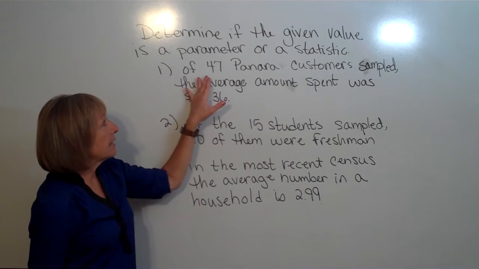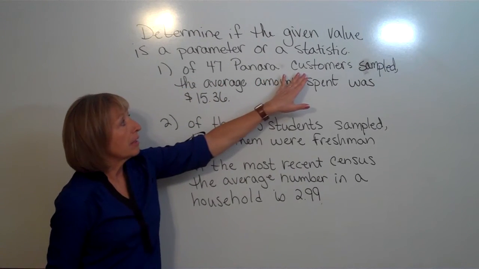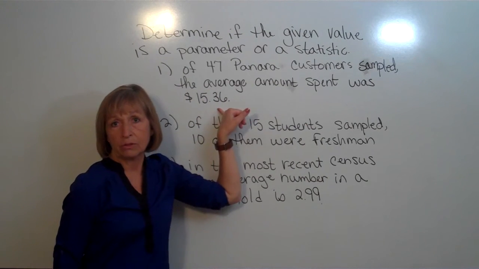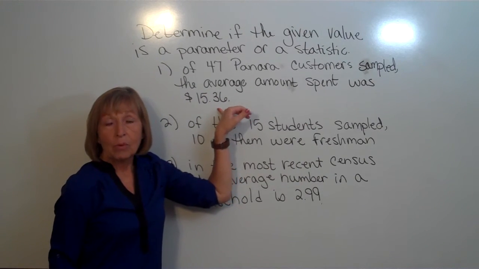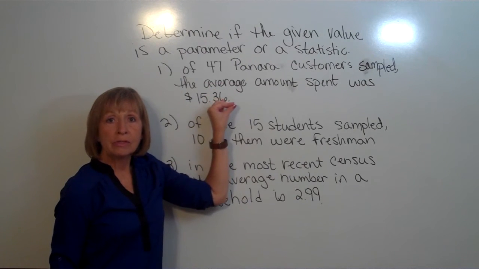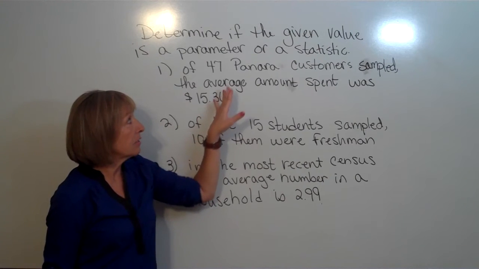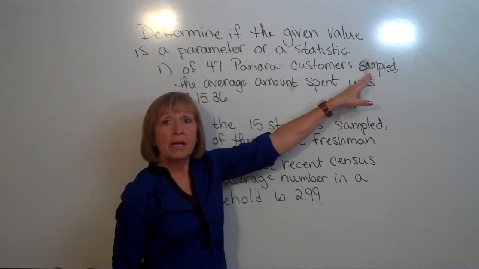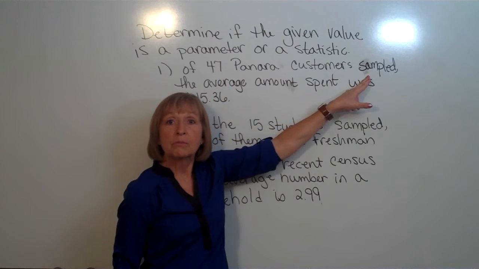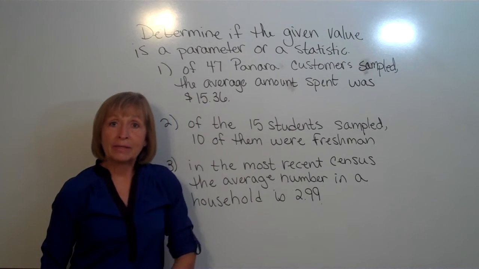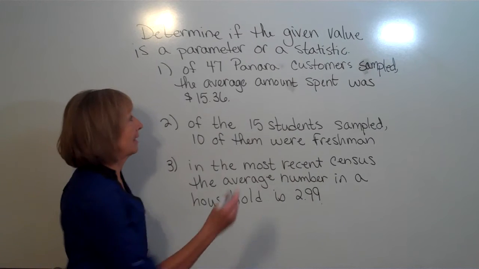In the first one it says, of the 47 Panera customers sampled, the average amount spent was $15.36. Well, this numerical summary was from the 47 Panera customers that were sampled. So that's a numerical summary about a sample, so it's a statistic.